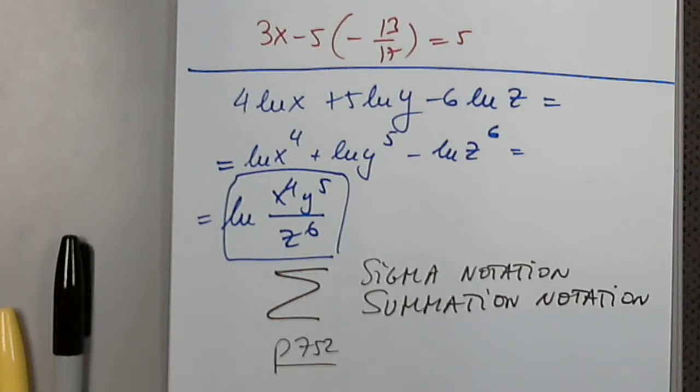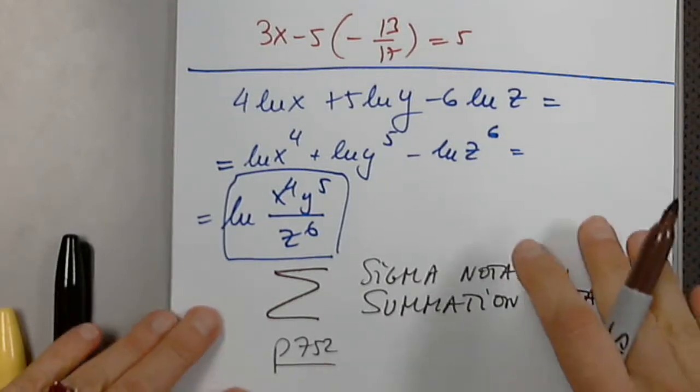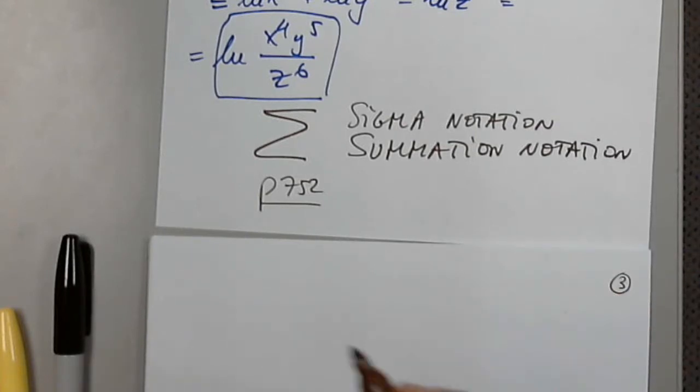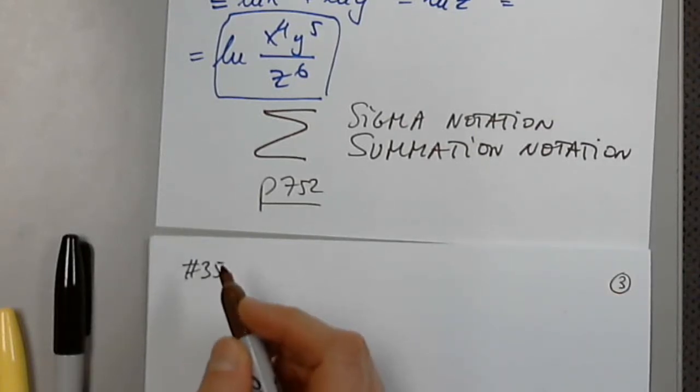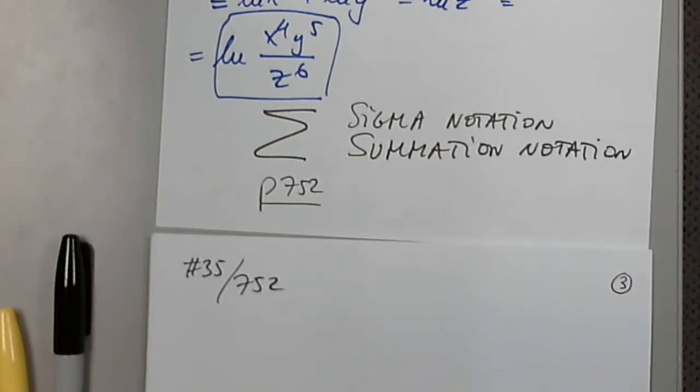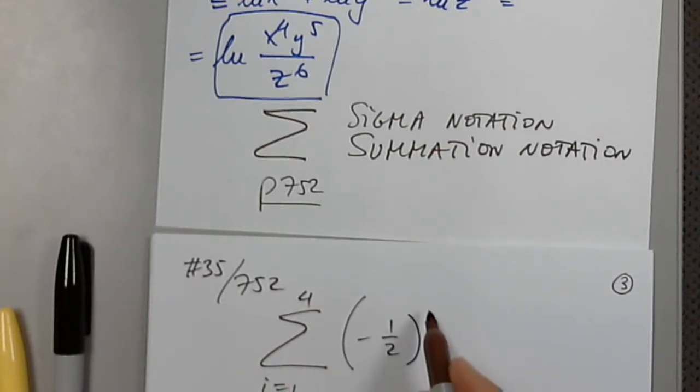So I can choose few problems here, not just one. Let's say 35. On page 752, we have the sum from i equals 1 through 4 of (-1/2) raised to i. Find each indicated sum.